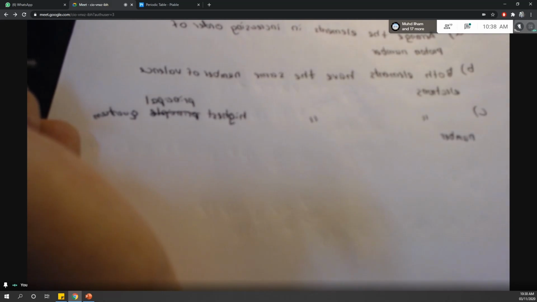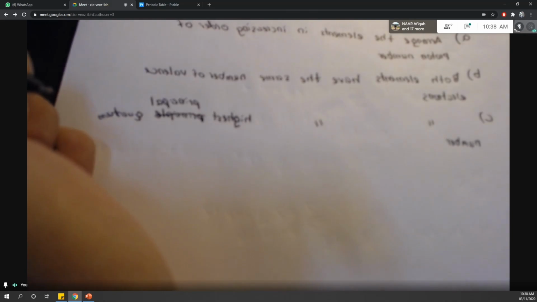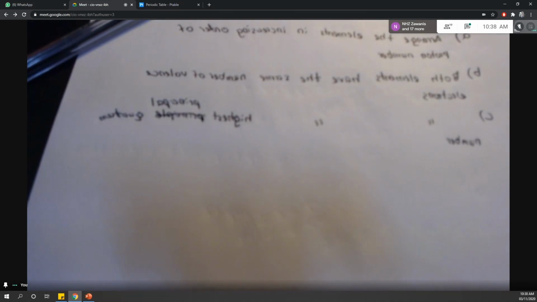Okay, and then soalan D. So this D is quite tricky because I never told you guys. Okay, group 1 and 2. Kalau you tengok group 1 and 2 is also called metal alkali.